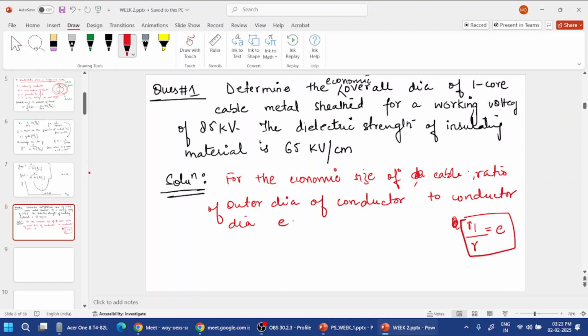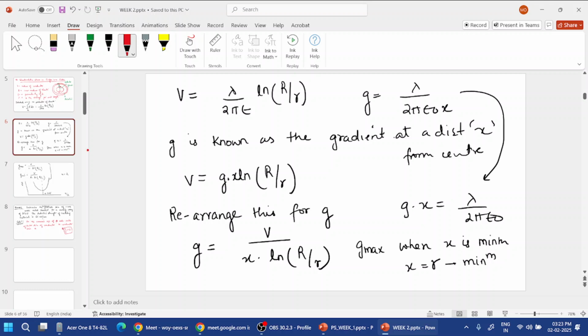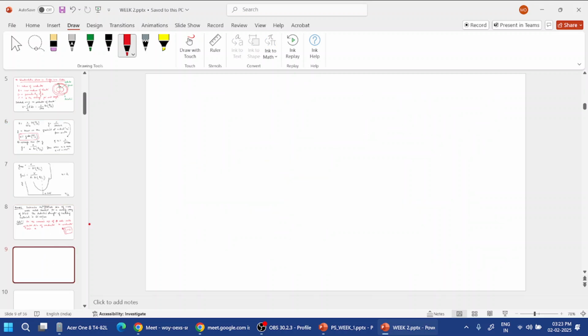Using the equation of voltage, where we know the stress, V is equal to R G max log R1 by R. Here R1 by R is e for the economic dia, so log e is 1.